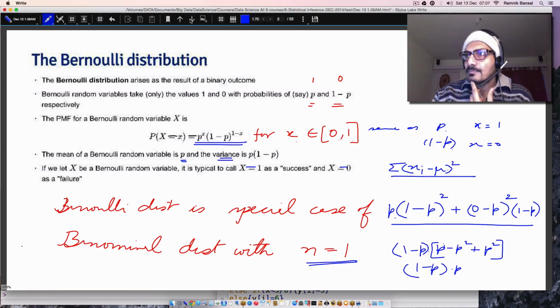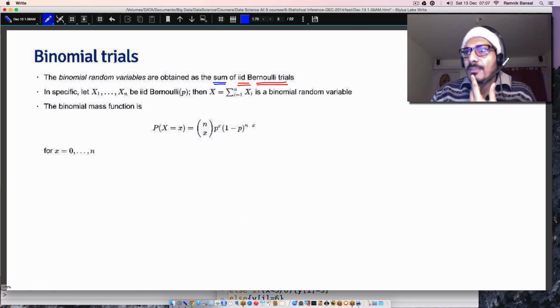Okay. So now let's look at the binomial trials. So in the binomial random variables, what are we saying? Basically it's the sum of independent identically distributed Bernoulli trials, right? So effectively in Bernoulli it's just like one coin toss. Here we are saying we can have n number of coin tosses.